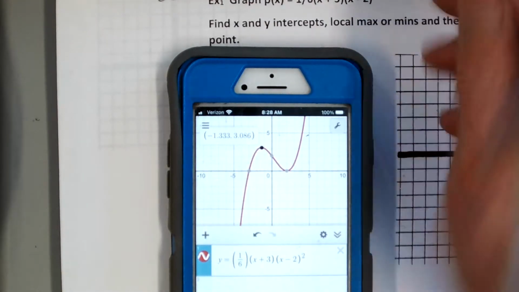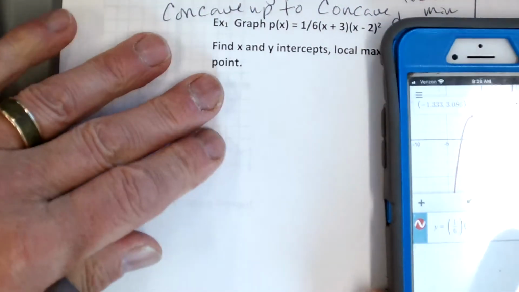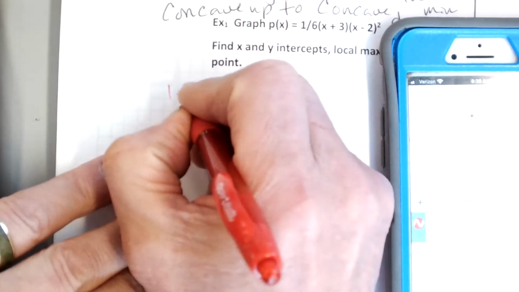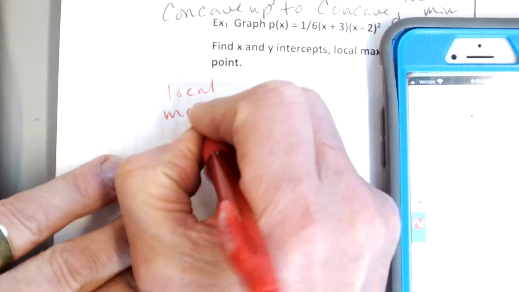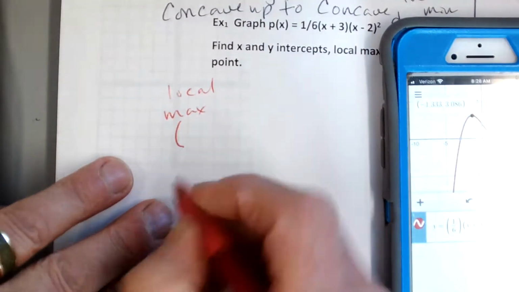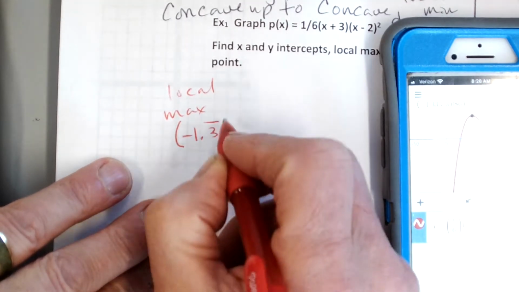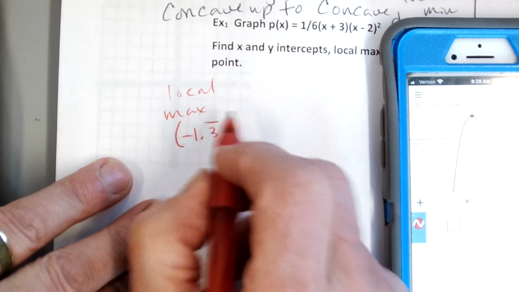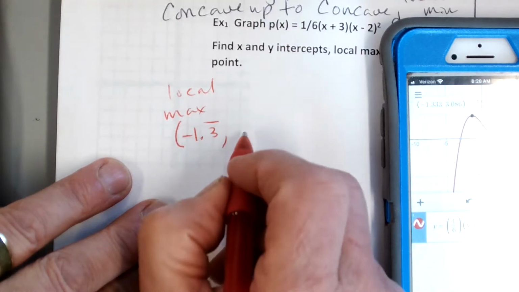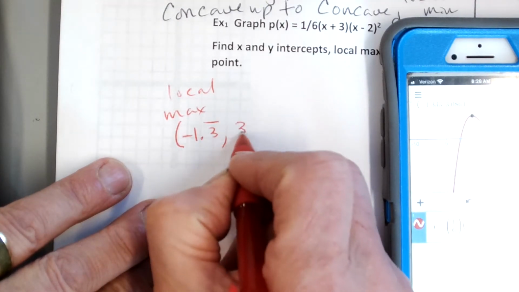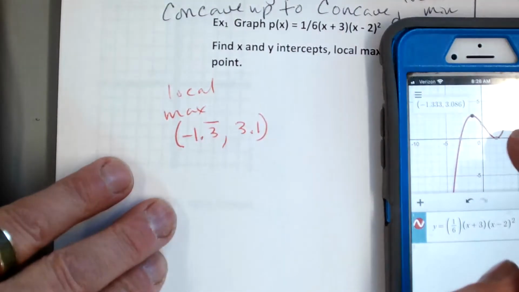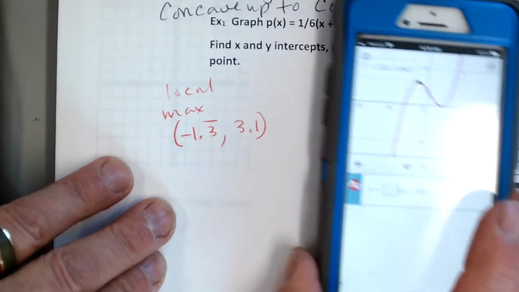So my local max is at negative 1.3, probably repeating, and about a 3 point, we'll round to the nearest tenth, 3.1, okay?